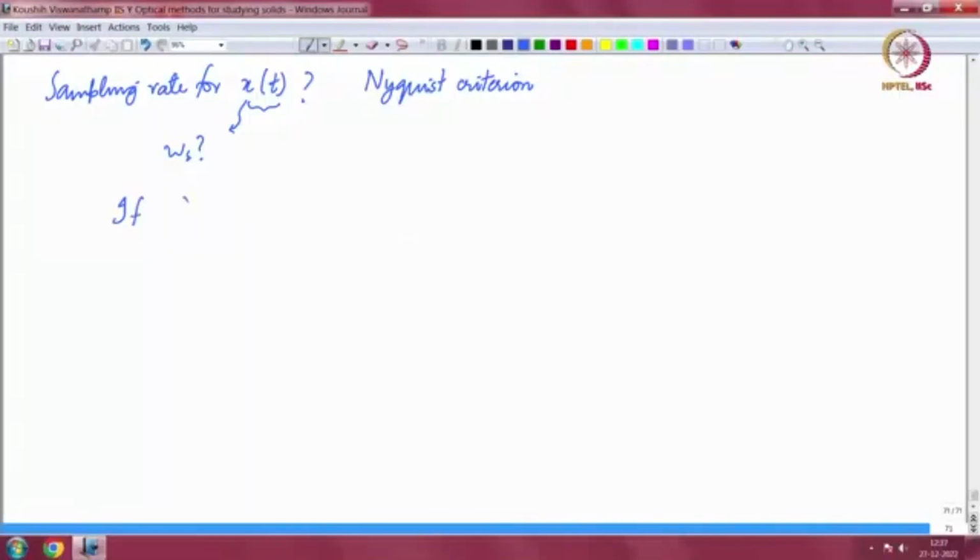If X of omega is equal to 0 for all omega greater than or equal to some omega n by 2, so in your frequency representation of the actual function the values are all 0 after some particular frequency which we are calling omega n by 2, then the sampling frequency omega s must be equal to omega n.